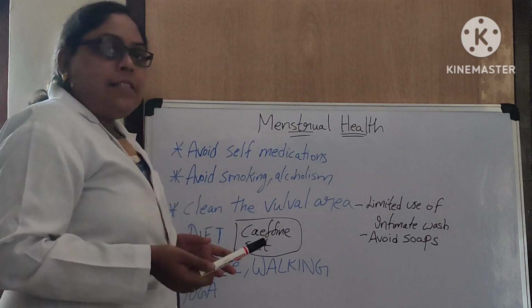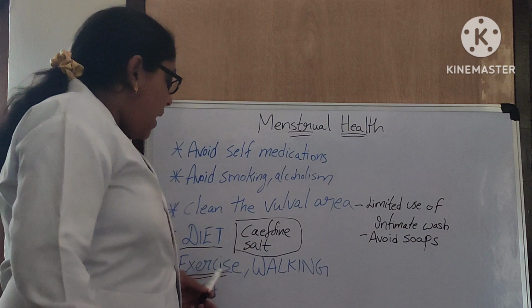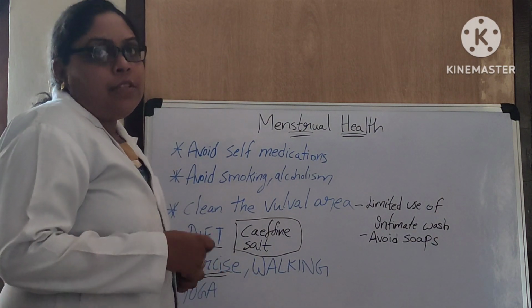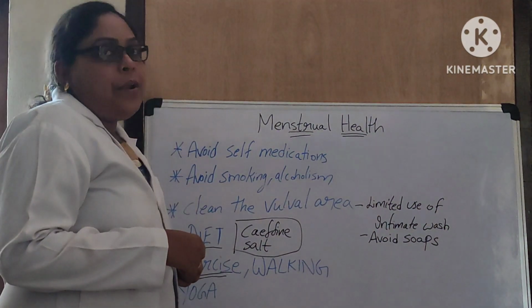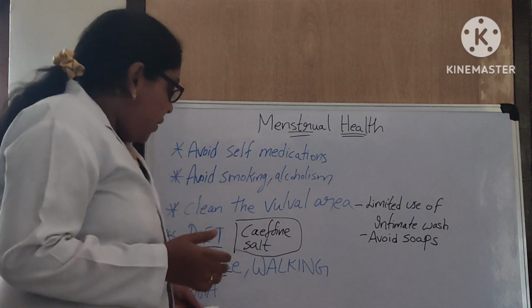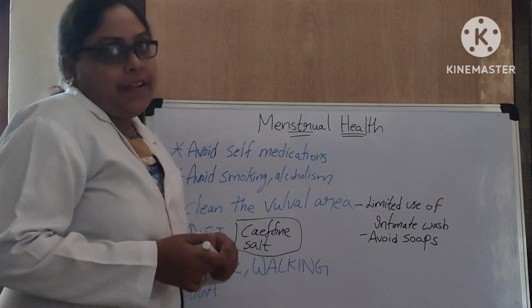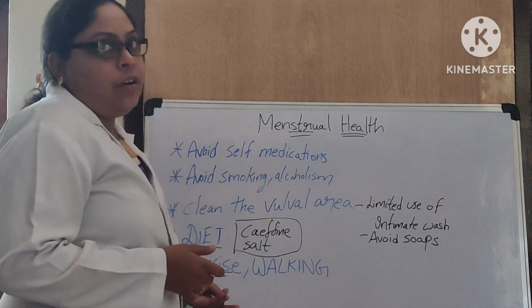So I suggest all women do some exercise, walking, and also yoga. Yoga asanas are also good. They relax the uterine muscles and reduce the pain. So yoga, exercise, walking, these are all good in the menstrual period time.